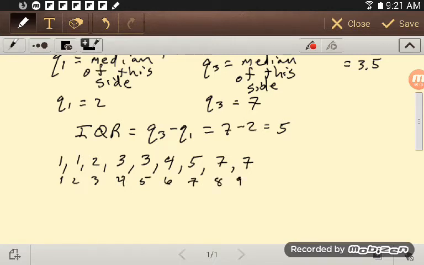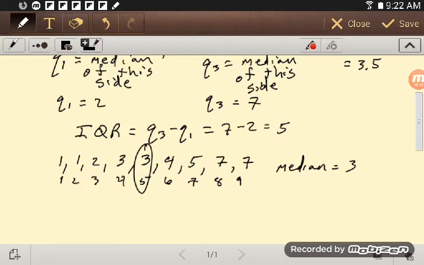So here, when we find the median, it will be just that middle number, 3, with 4 on each side of it. So here the median is equal to 3.